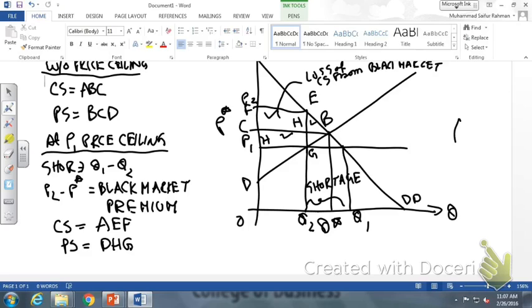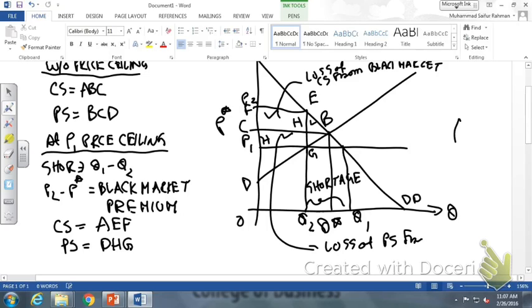And these are substantial costs as well. Makes sense? Okay. So, as a result of this black market, everyone hurts, the consumer and the producer. We're going to call the upper rectangle loss of consumer surplus from the black market. We are going to call the lower rectangle loss of producer surplus from black market.